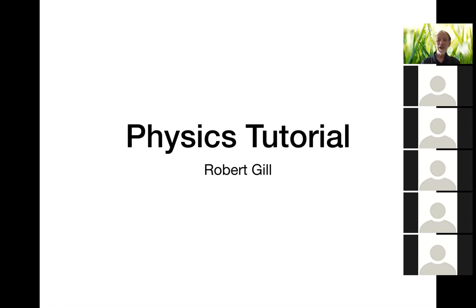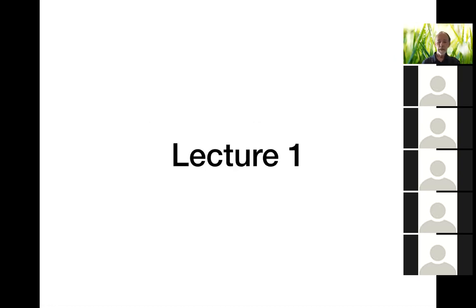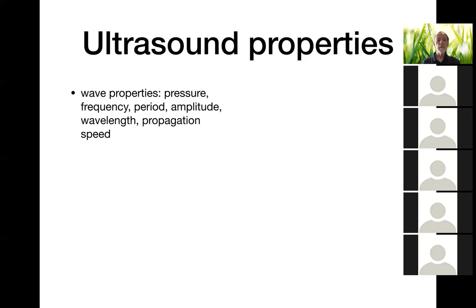Okay. So I'm going to review the physics lectures that you have done so far, which is obviously a fair bit of material, so I will be moving fairly quickly through it. We'll start with the first lecture, which covered ultrasound properties.